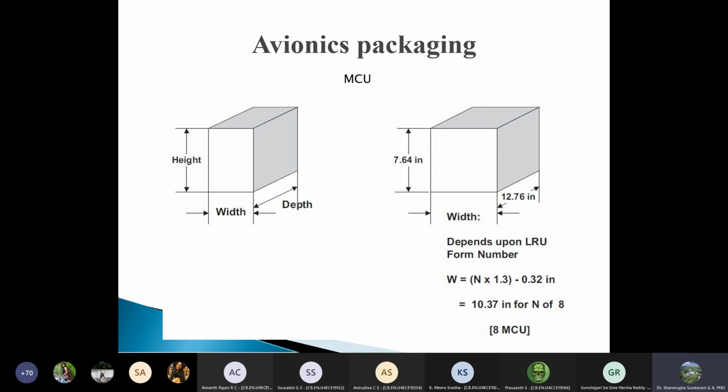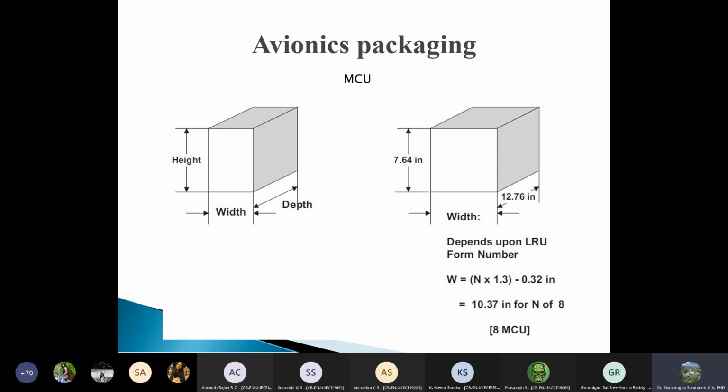Okay, so you can have a greater deal of flexibility here, and the dimensions of the packaging scheme are identified in terms of the height, width, and depth, which are denoted in units of inches here. So you can, for example, have 8 modular concept units constituting what is called a single ATR. Okay, and if you have 4 MCUs, it is called a half ATR implementation, and if you have 12, it becomes a 1.5 ATR.